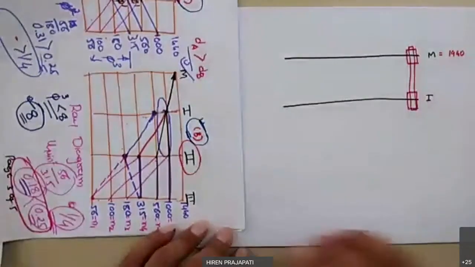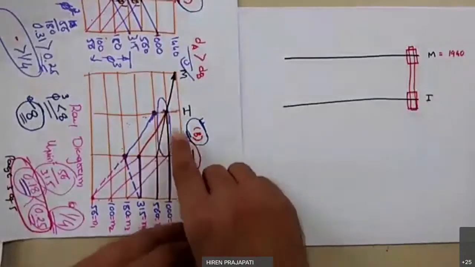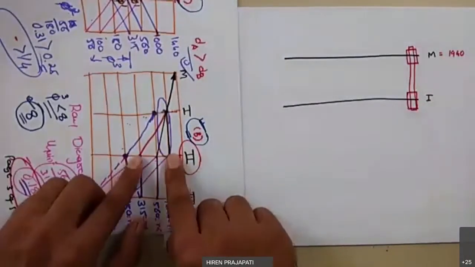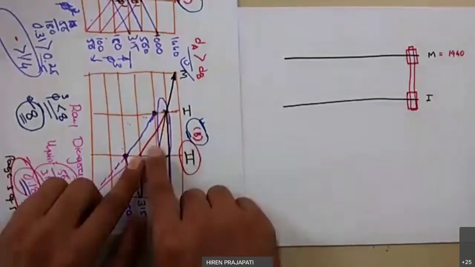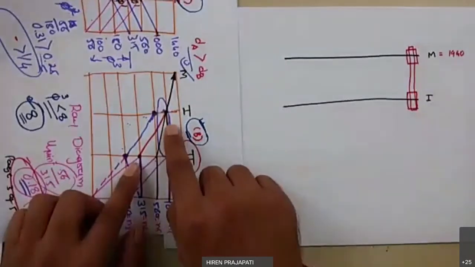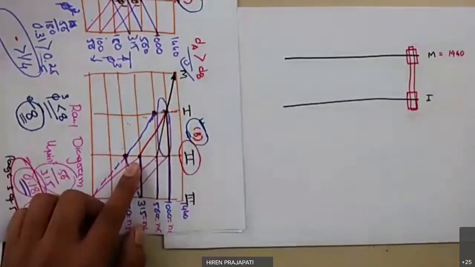Now, if you look at the first stage, we are getting 3 speeds: this red one, black one, and this brown one. So we need to go for one gear cluster, which will give us 3 different speeds.